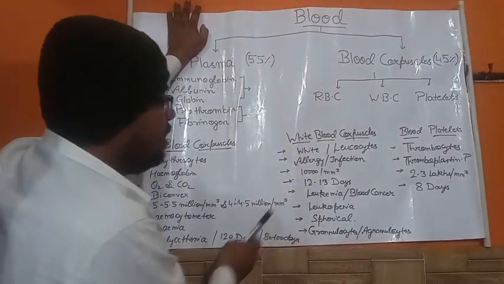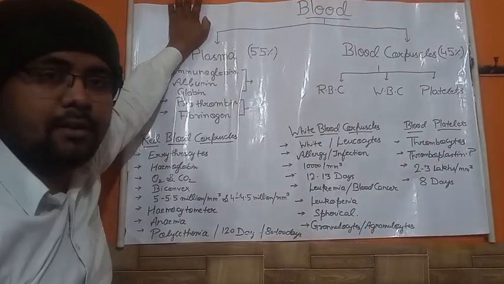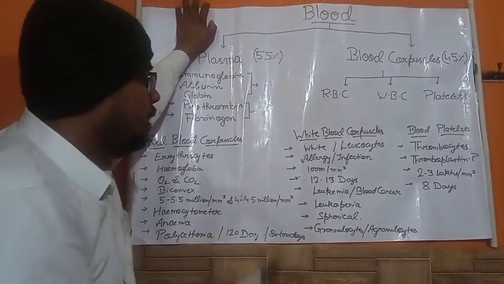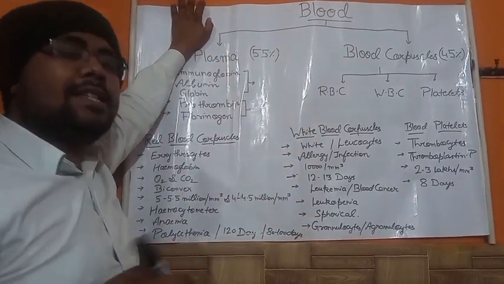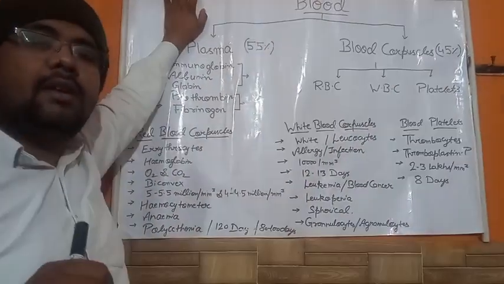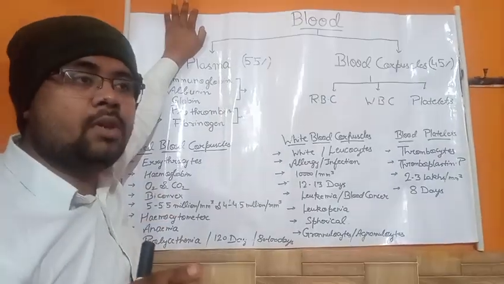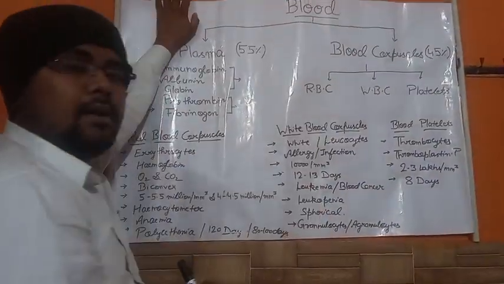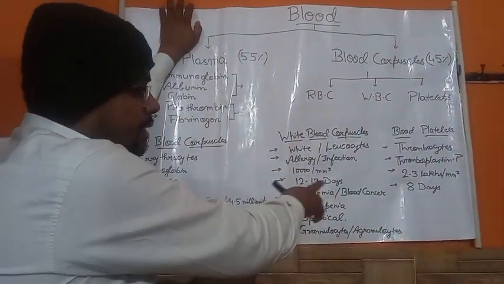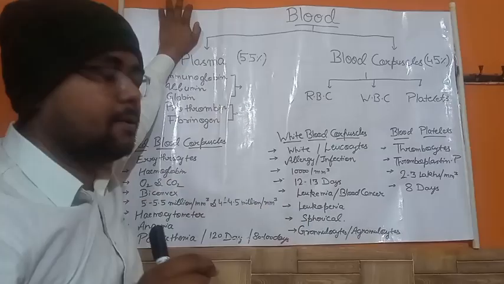What is the lifespan of WBC? The lifespan of WBC in our body is 12 to 13 days. If the number of WBC is excessive in our body, we suffer from leukemia, which is also called blood cancer.